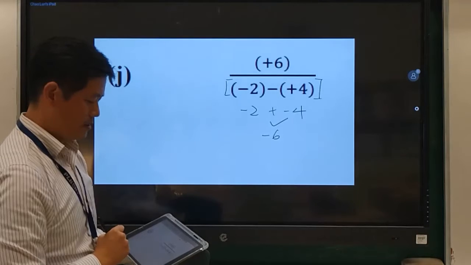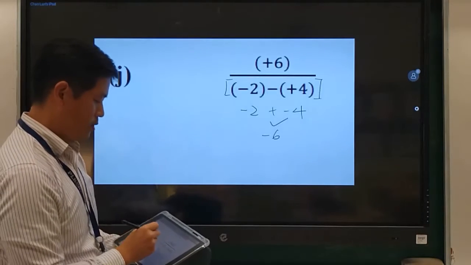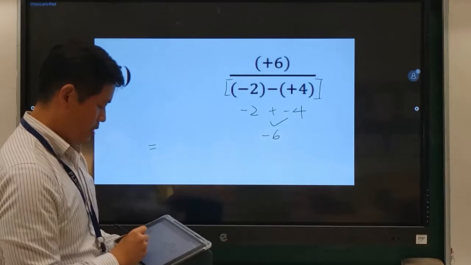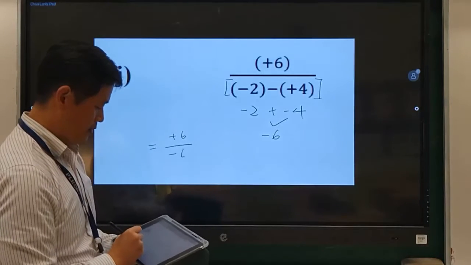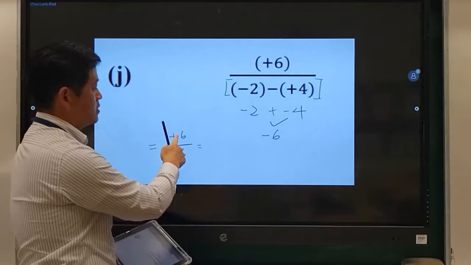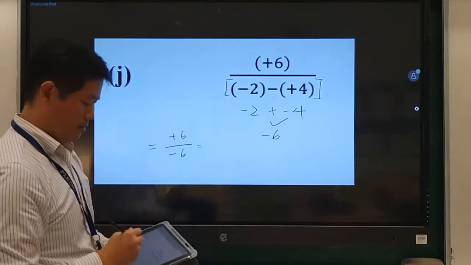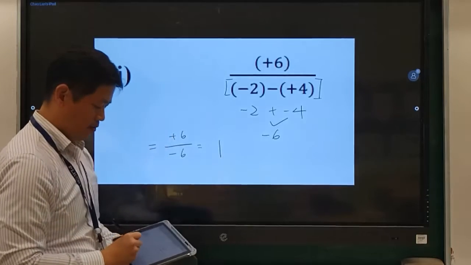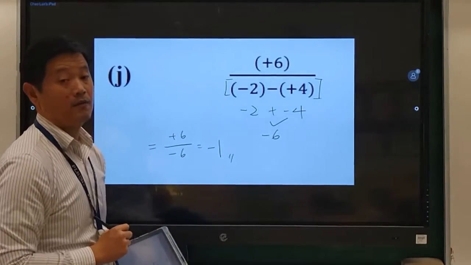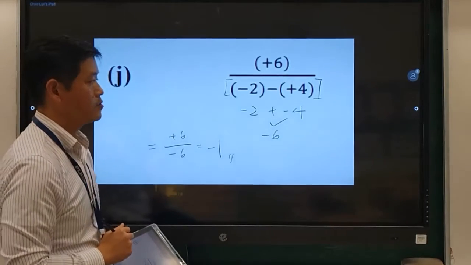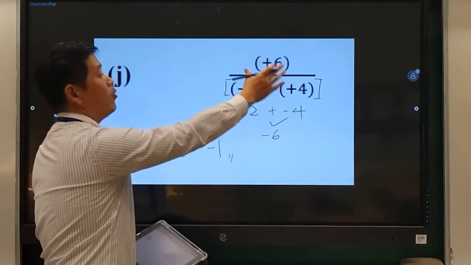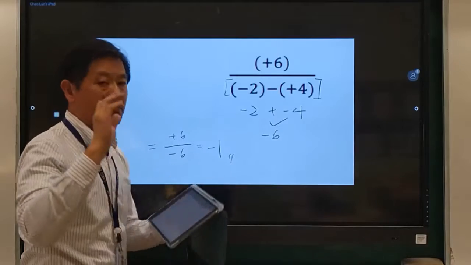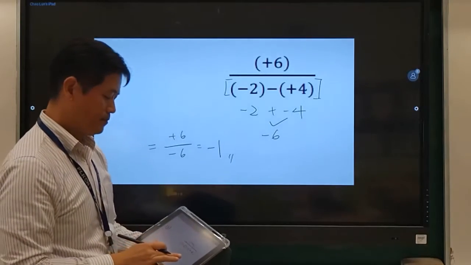Now, I could rewrite the whole question as +6 divided by -6. 6 divided by 6 equals 1. And then positive divided by negative equals a negative. So that would be -1. So make sure you do the bottom or even the top, whatever it is, do that first. There's an imaginary bracket on the side.